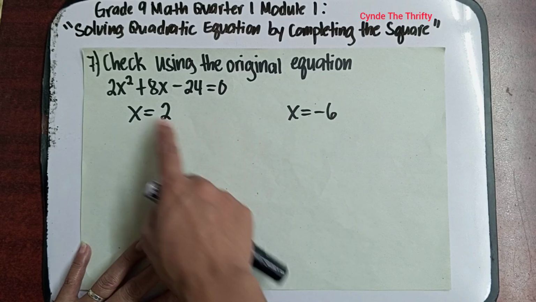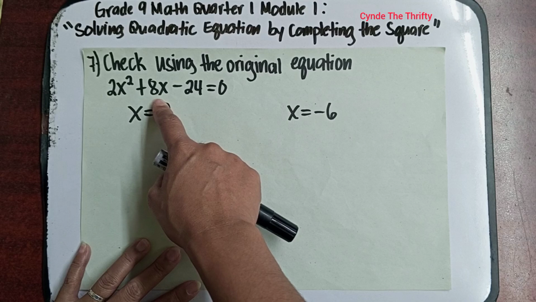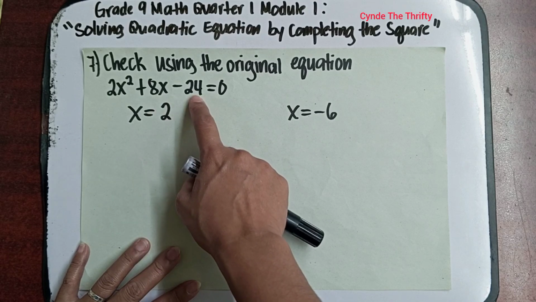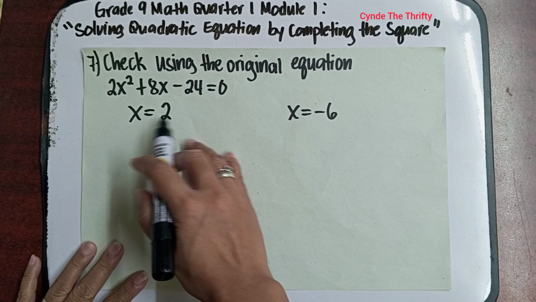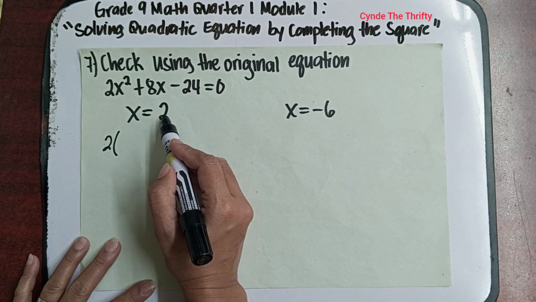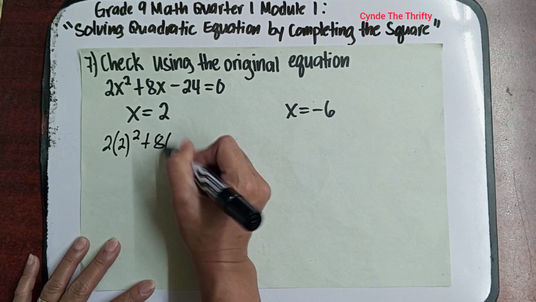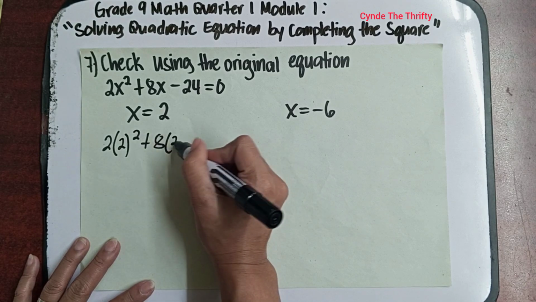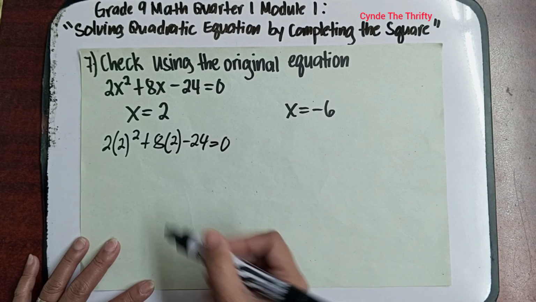So i-check natin gamit ang ating original equation na 2x squared plus 8x minus 24 is equal to 0. Kung si x, ang value niya is 2, so 2 multiplied by the value of x na 2 squared plus 8 multiplied by the value of x na 2 minus 24 is equal to 0.